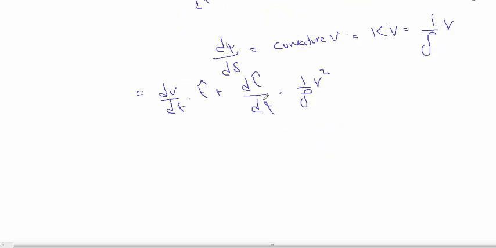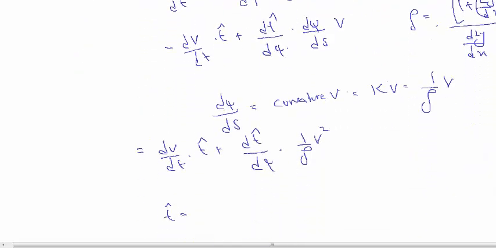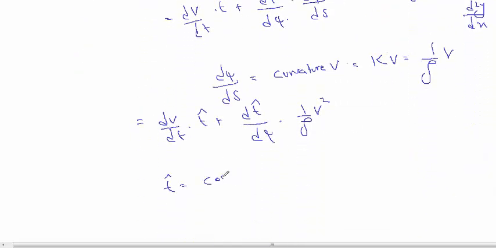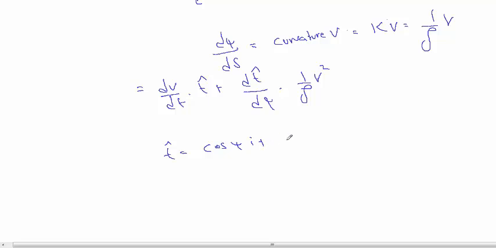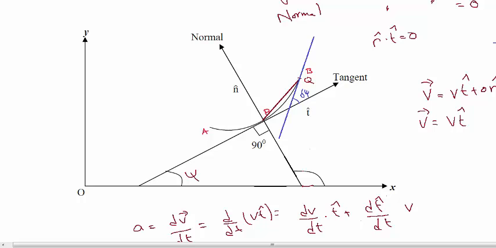Now we are left with dt over d psi. As we know, t is a unit vector, so it can be written as cos of psi i plus sine of psi j. Now the unit vector n: if it is perpendicular, its angle becomes 90 degrees, and this is greater than 90 degrees, so the angle is 90 plus psi.